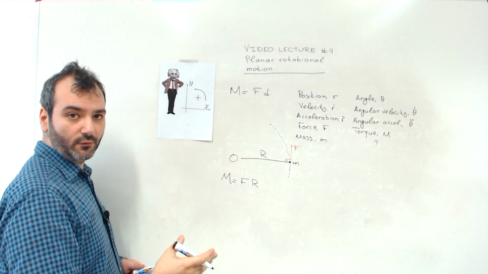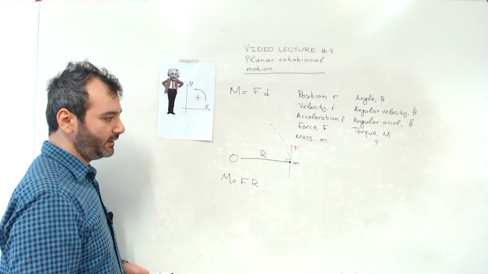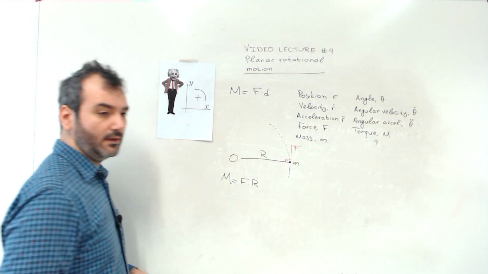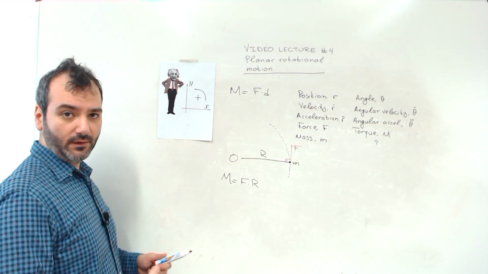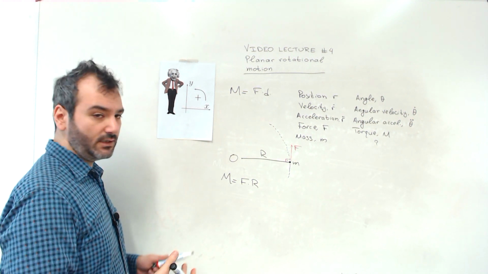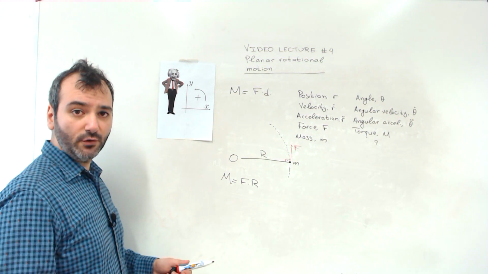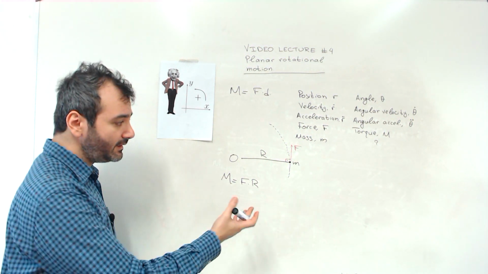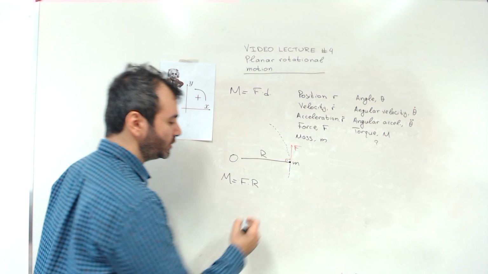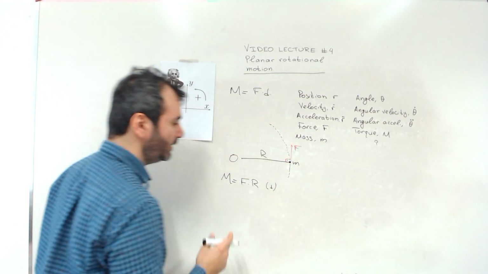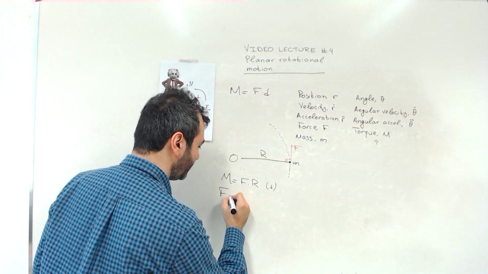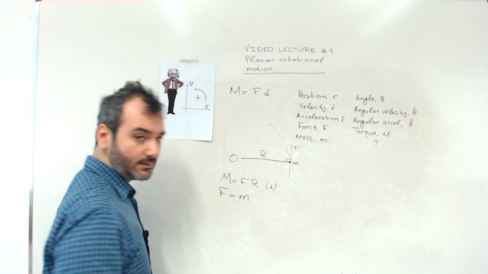By Newton's second law of motion, let's see what we have here. We have been describing the dynamics of objects using Newton's second law of motion. So these are all the tools we have. Let us apply it. Let's keep this as equation 1, and say now that F is mass times acceleration.